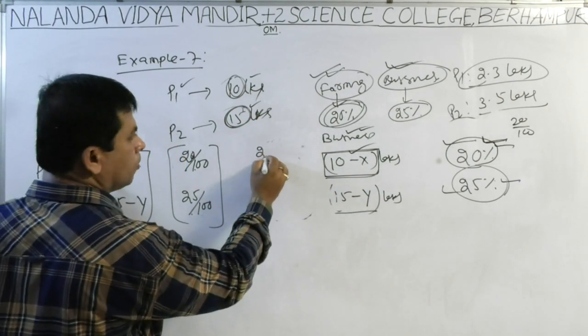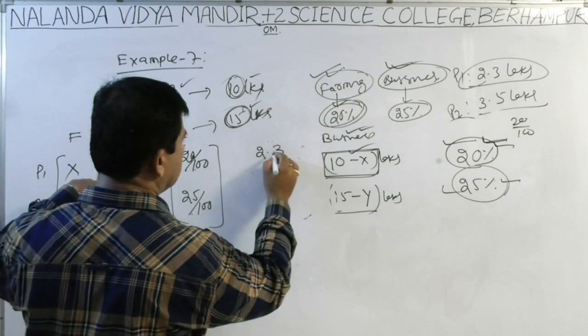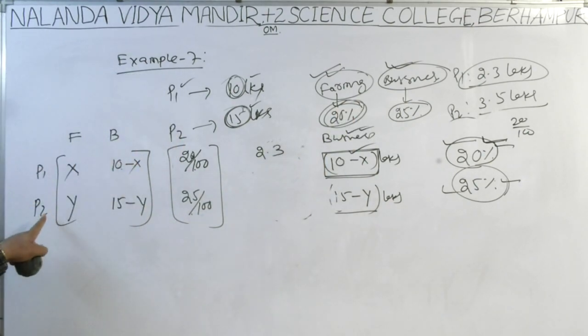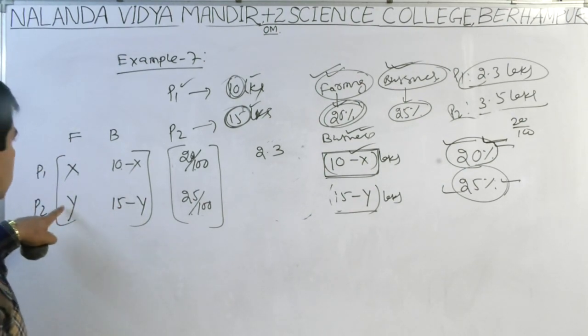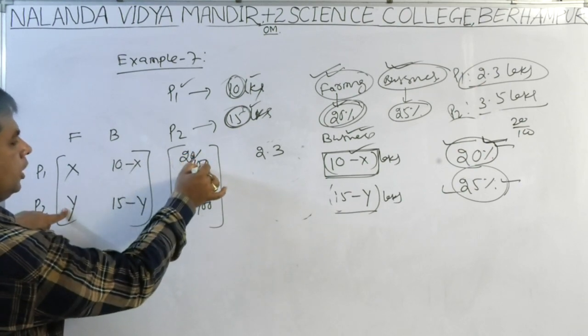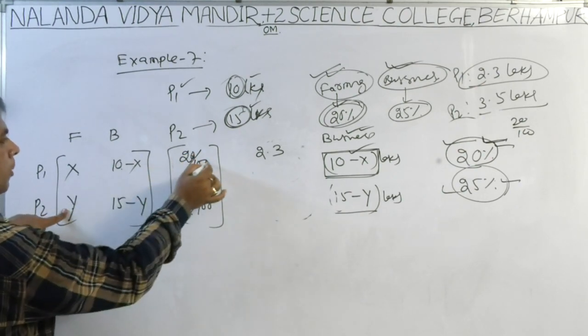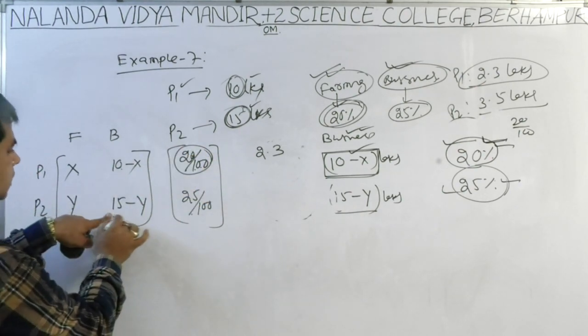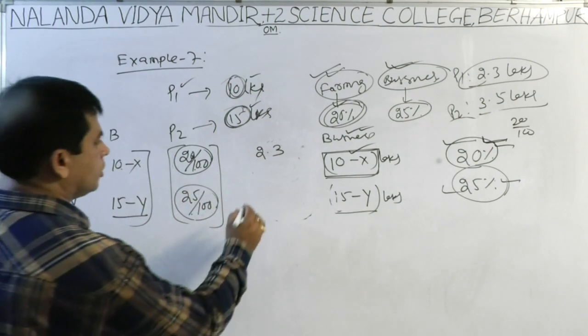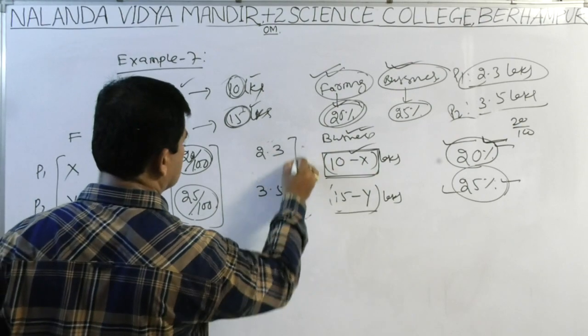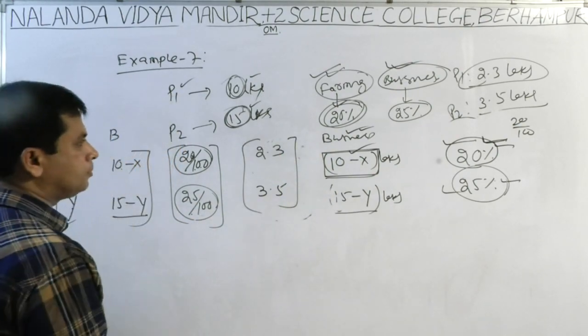2.3 lakhs. And for person P2, the total profit in farming and business is Y multiplied by 20% plus 15 minus Y multiplied by 25 by 100, that is equal to 3.5 lakhs.